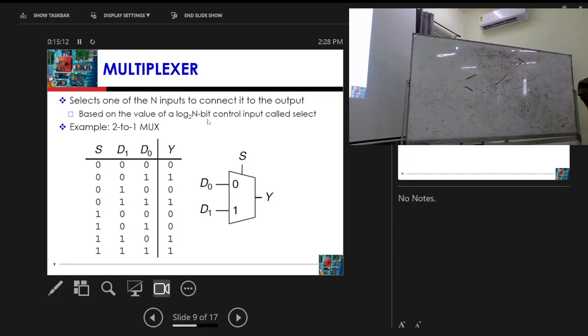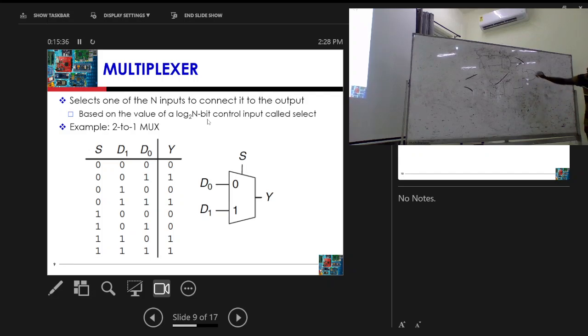The most important thing is that for an AND gate, when one of the inputs is 1, the output depends on the other input. But for an OR gate, when one of the inputs is 0, the output depends on the other input.